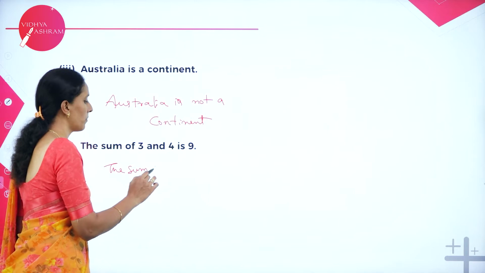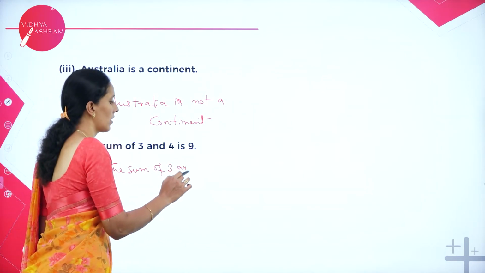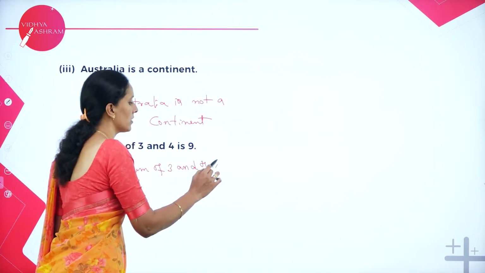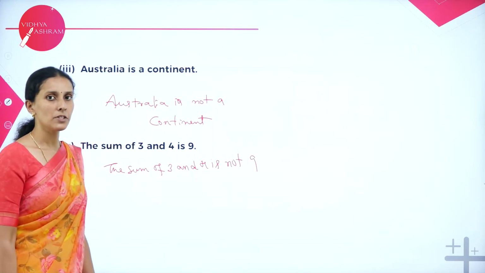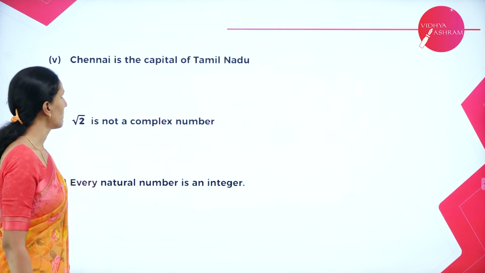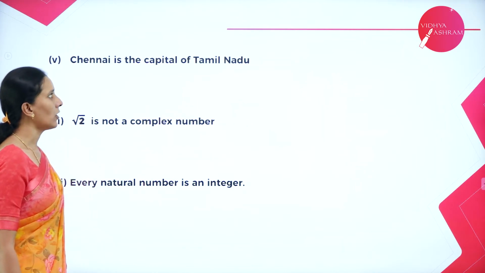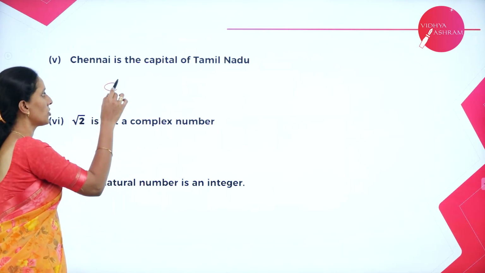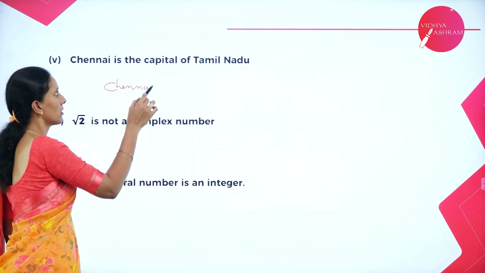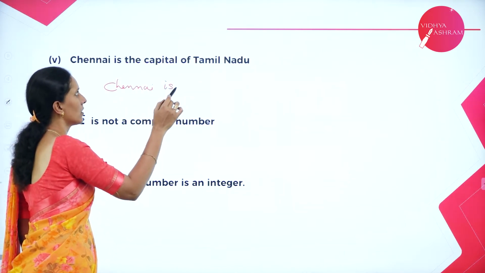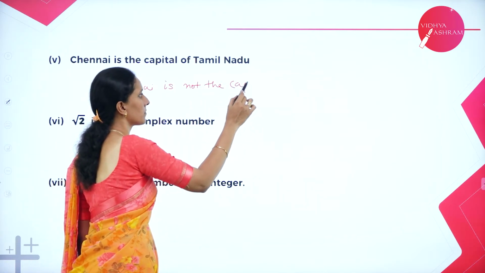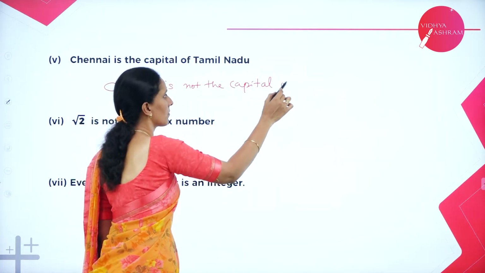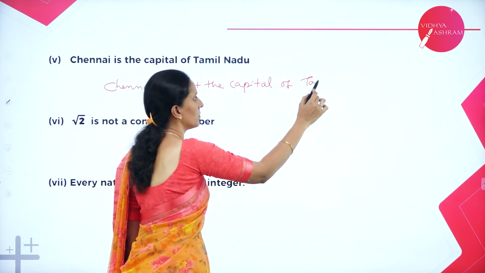The sum of 3 and 4 is not 9. So 9 becomes not 9. Next, Chennai is the capital of Tamil Nadu. So Chennai is not the capital of Tamil Nadu.